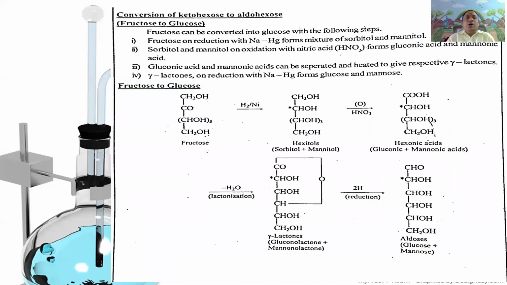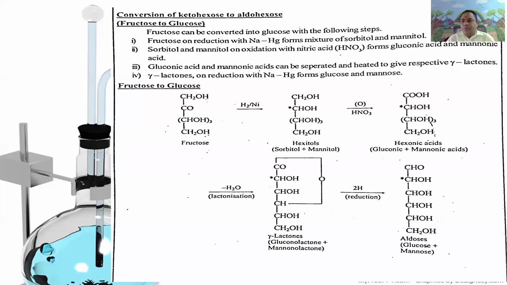Next, conversion of ketohexose to aldohexose. Reverse process, meaning conversion of fructose to glucose. The fructose can be converted into glucose with the following four-step reaction.